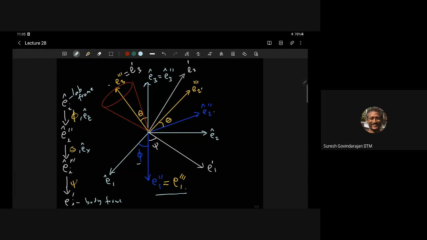The last one is a rotation again about the new z-axis with an angle psi. And did I mess up? Psi and theta, I think. What have I done? What were the angles that we did? Let me look it up. Sorry.